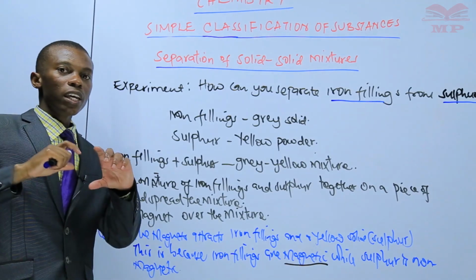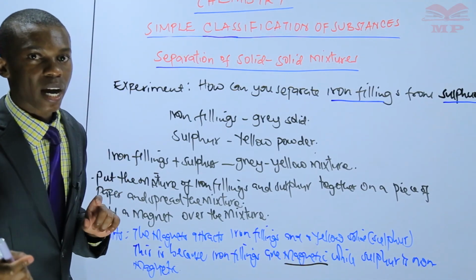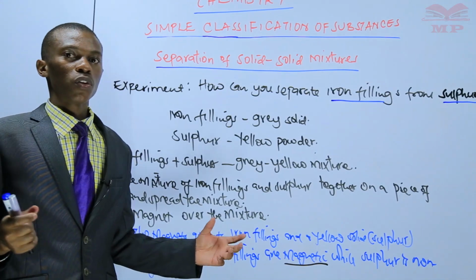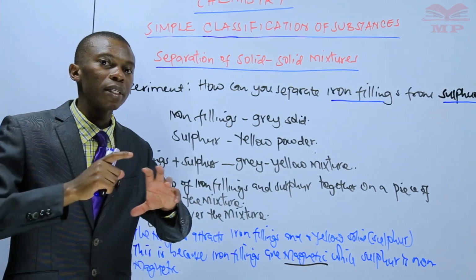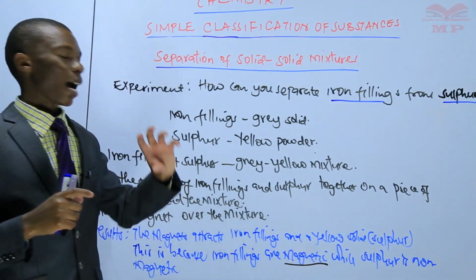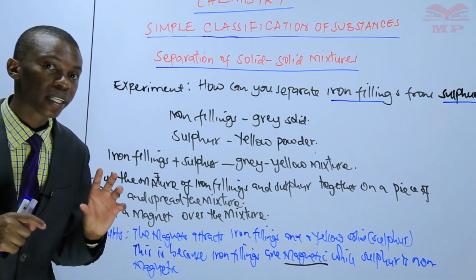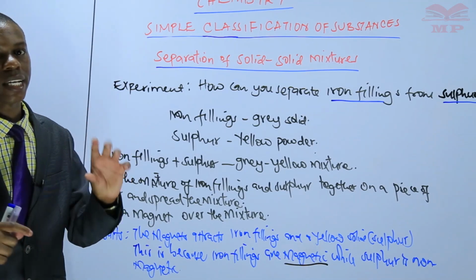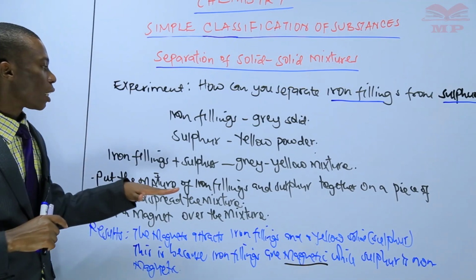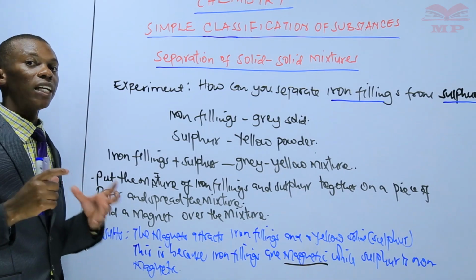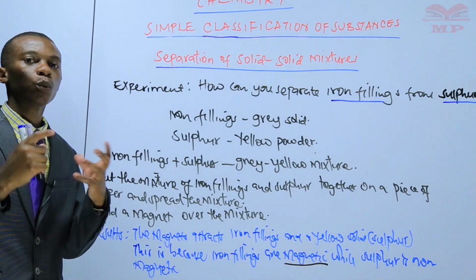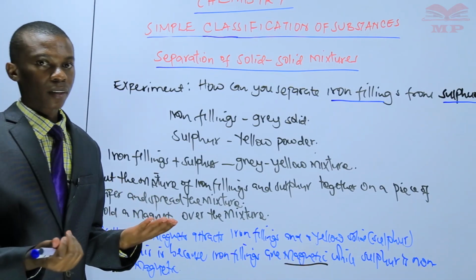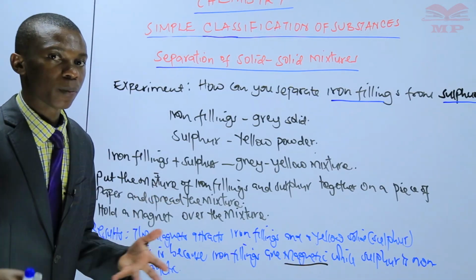If you get one spatula full of iron filings and another spatula full of sulfur and put them together, the mixture will be gray yellow. You put that mixture on a piece of paper, or a filter paper, and spread it over the paper.